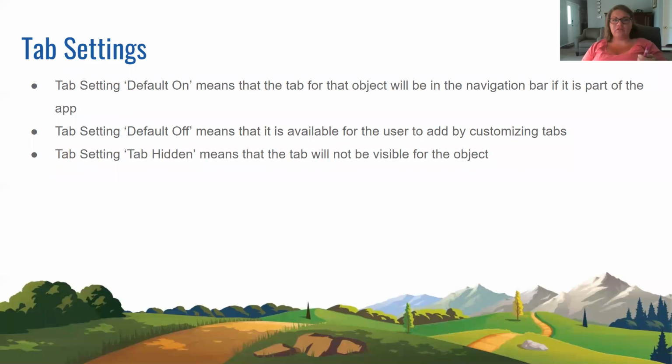One thing to keep in mind for tab settings: if you don't have access to the object and default on is set, you still won't see it, because you don't have access to the object. So not having access to the object does affect tab settings. Okay, that would definitely make sense.